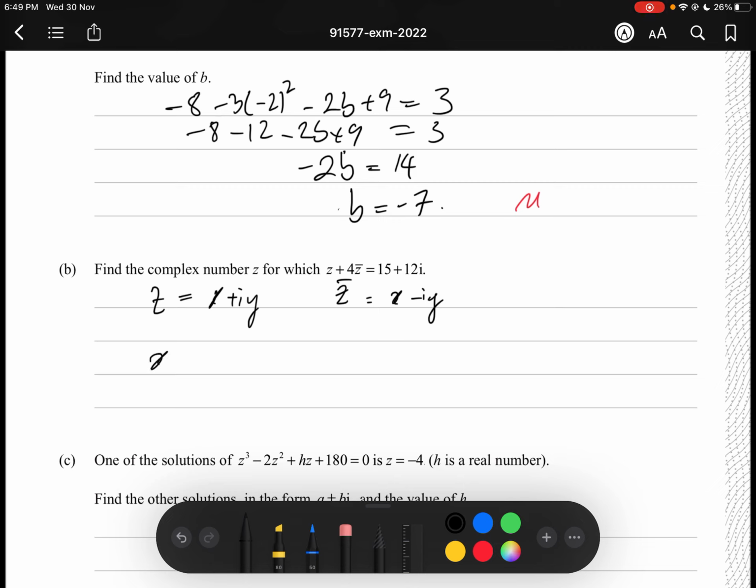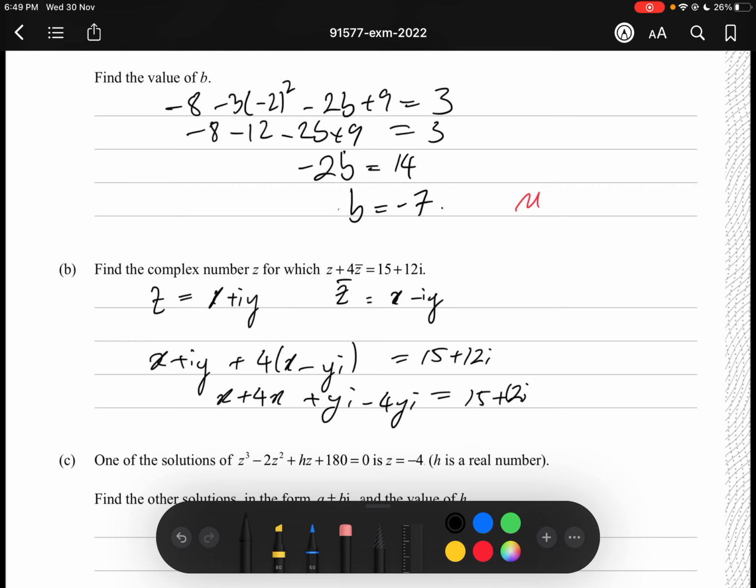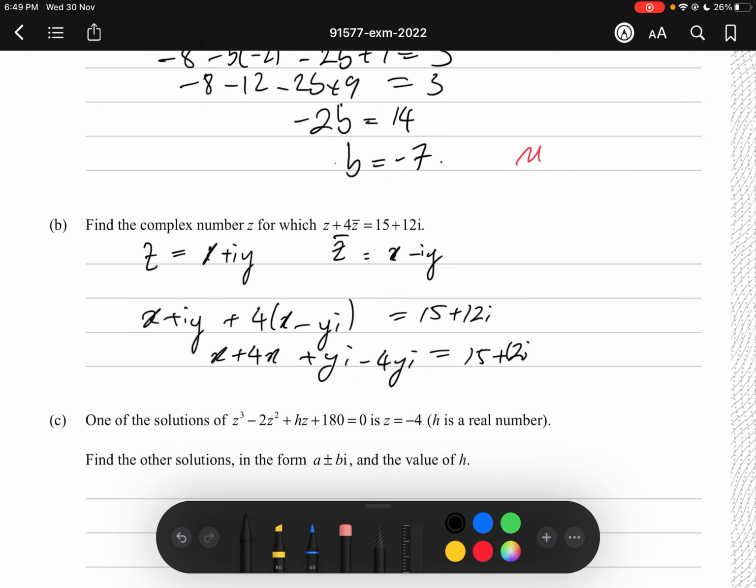So we have x plus iy plus 4 times x minus yi equals 15 plus 12i. And in this case, we have x plus 4x plus yi minus 4yi equals 15 plus 12i. And we have 5x minus 3yi equals 15 plus 12i.